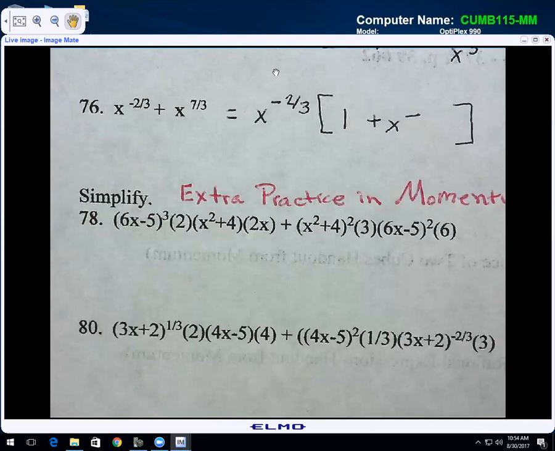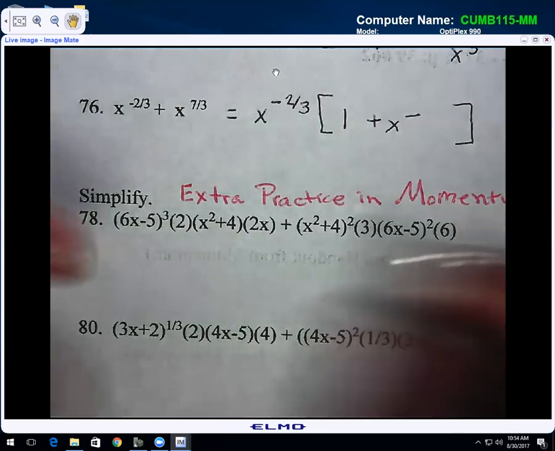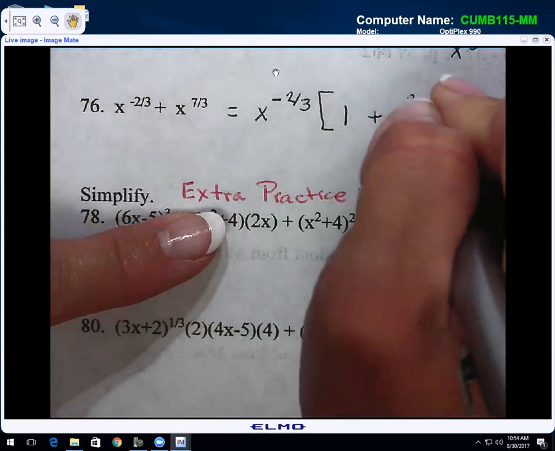Just take the original exponent and subtract the exponent you're factoring out. 7/3 minus -2/3 is the same thing as 7/3 plus 2/3, which is 9/3, which is 3.